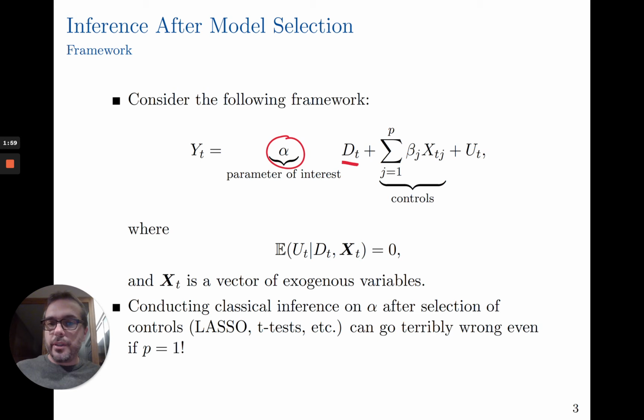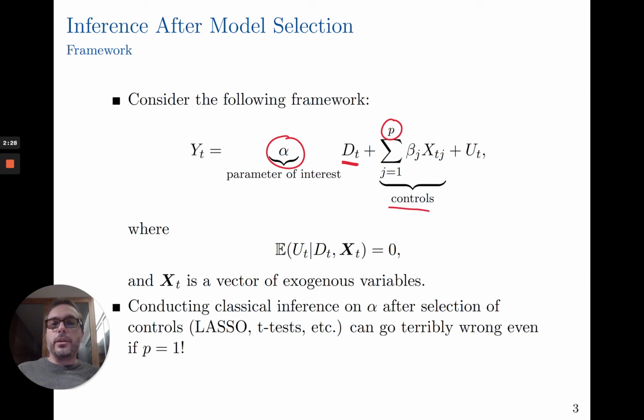Here we are considering the scalar case, but this can be easily generalized to a more general setup with multivariate variables, so more than a single regressor. And we now have a vector of exogenous variables x, basically a p-dimensional vector. These are our controls.